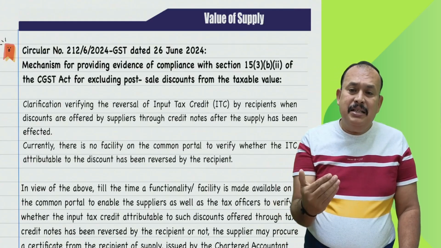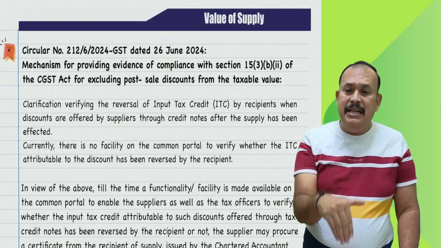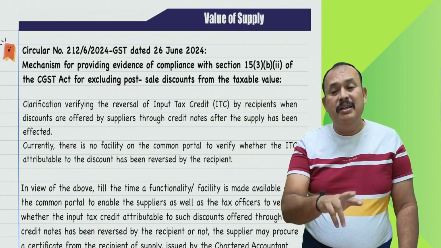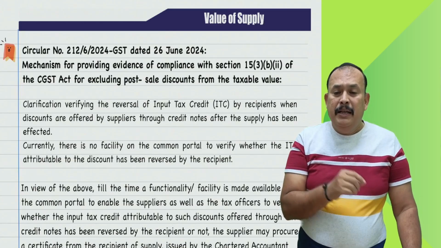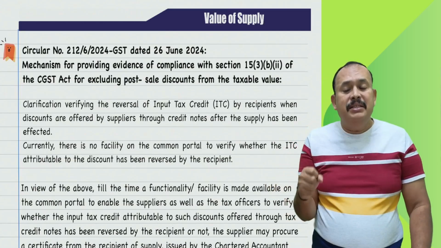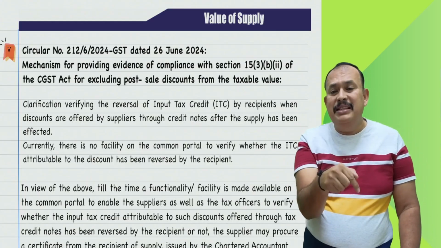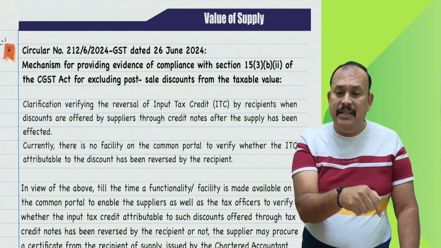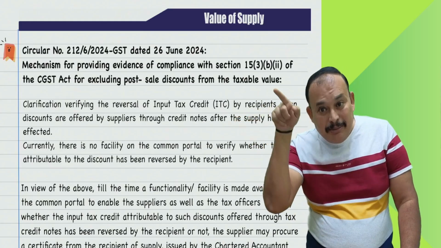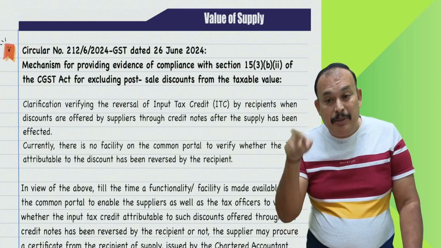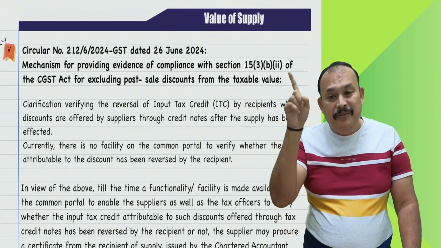if the seller is availing ITC based on the debit note issued by the buyer, is it correctly availing the ITC? If Mr. Seller wants to avail the ITC, the buyer should reverse the ITC. This is what happens when the buyer issues the debit note. A debit note for the buyer is a liability for the buyer.